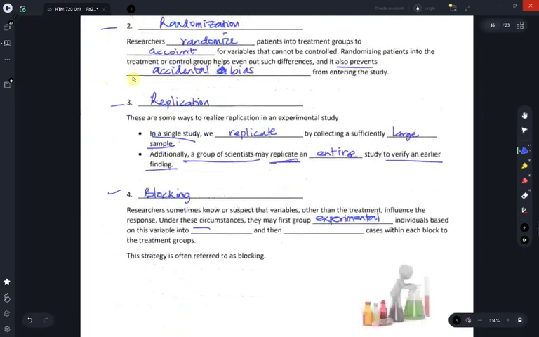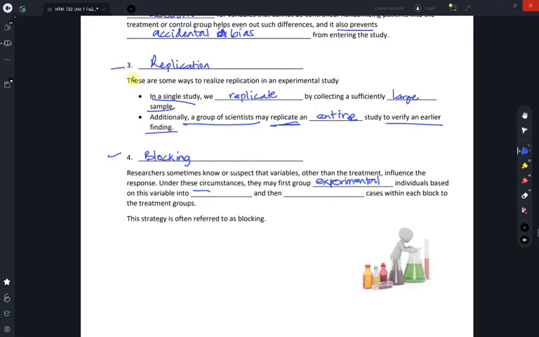We might first group the experimental individuals based on this variable into blocks, and then randomize cases within each block to the treatment groups. This is known as blocking.